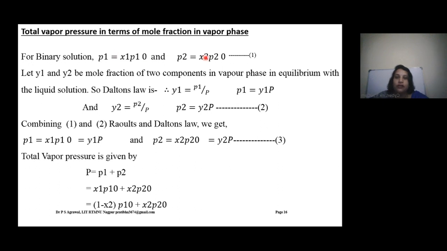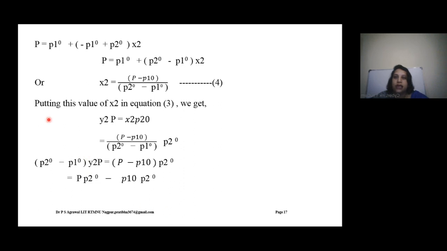We know this for liquids. We know this for the vapor phase. When we combine these two equations, combining P1 and P2 from them, we can get this. Now what is total vapor pressure? It is the combination of P1 plus P2, so we simply add them. Following some mathematical steps, we can find the value of x2.